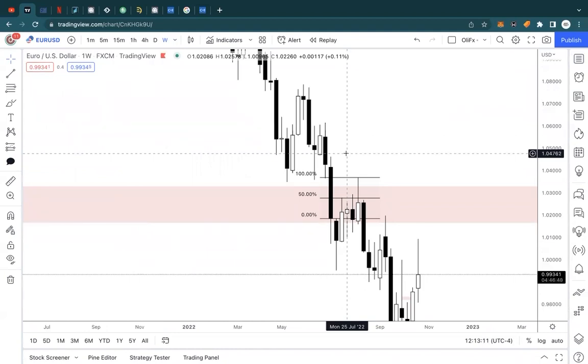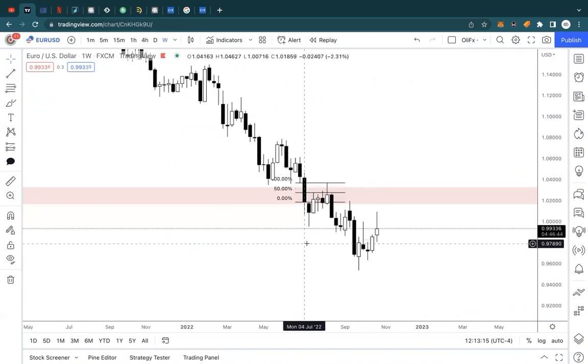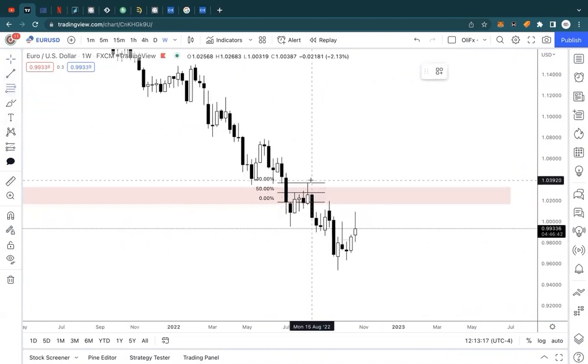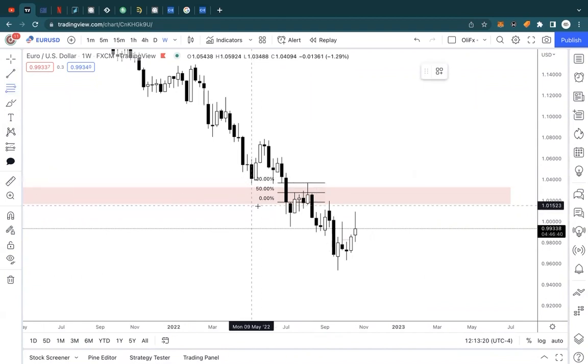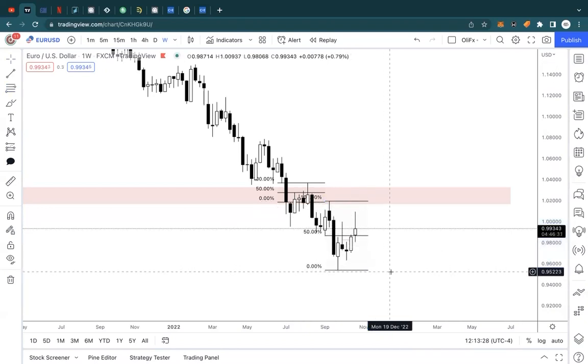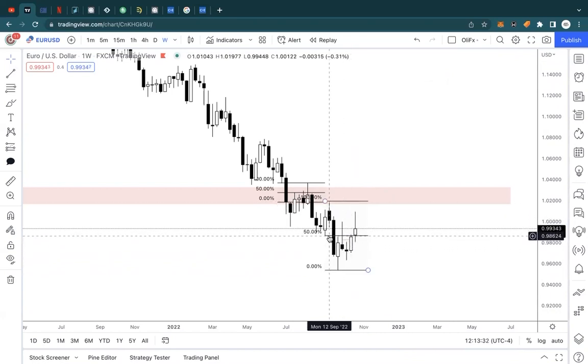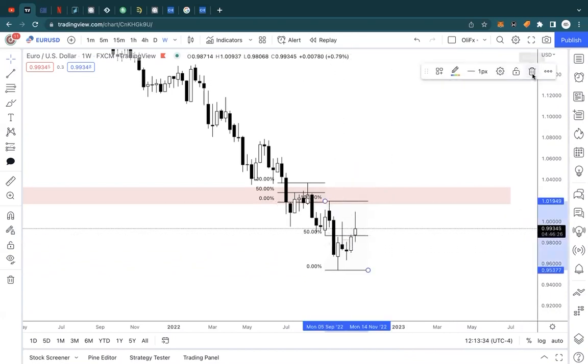I'll show you an example of how you'd normally use it, because a lot of people get confused with this. You normally use a fib, and there's more levels than just the three I have on. That's all you need. A lot of people would draw it from the high to the low, and then they'd be looking for it to come up to some of the levels as targets. But we don't use it like that.